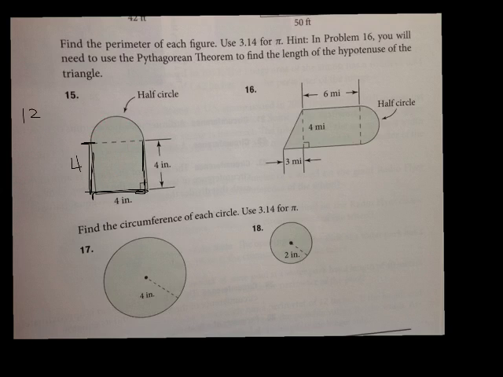The hard part is finding this distance right here. So we know that the circumference of a circle is pi times the diameter. And we know that the diameter of this circle from here to here is 4.